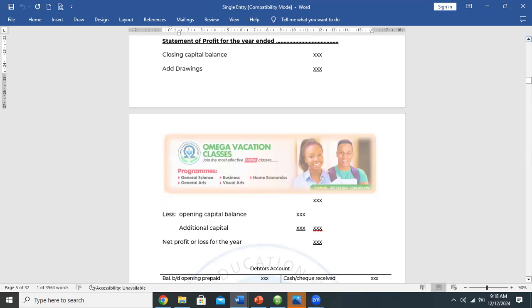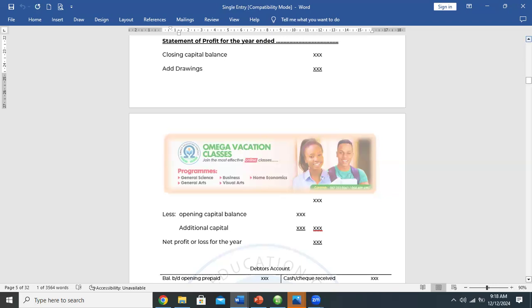So most of the times you can be given information about your opening capital, closing capital, and drawings, and you'll be asked to find the net profit. However, that will be so cheap. So what examiners do is they'll give you assets and liabilities. Okay. Give you your drawings, yes, additional capital if any, and ask you to find the net profit.